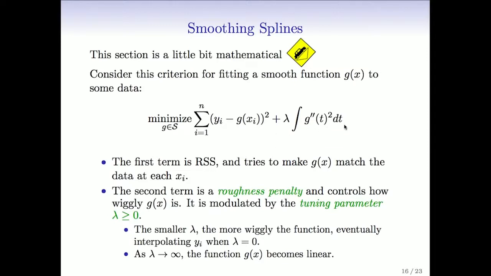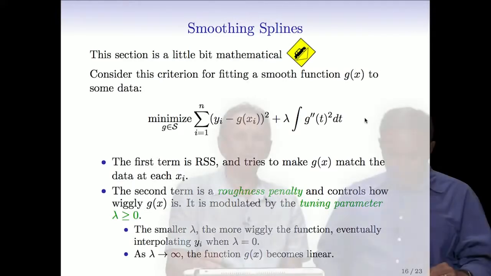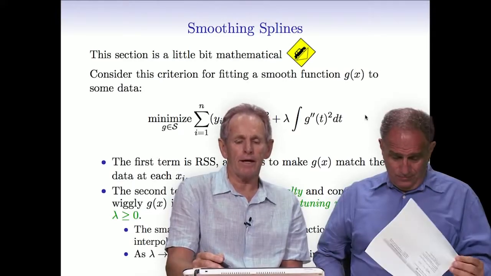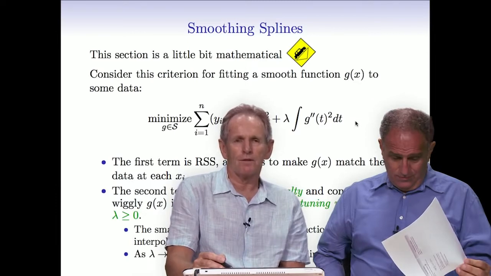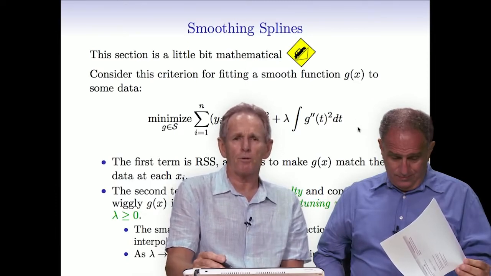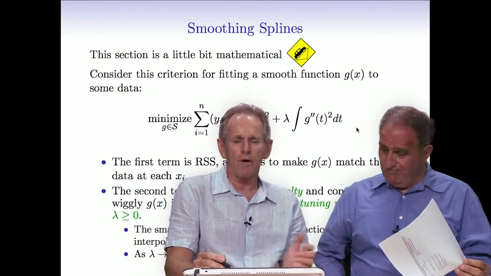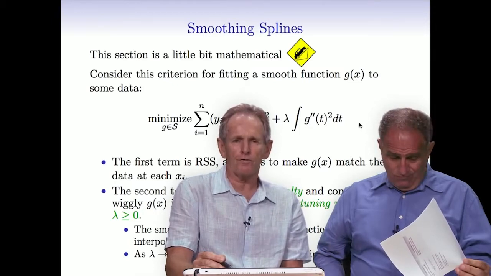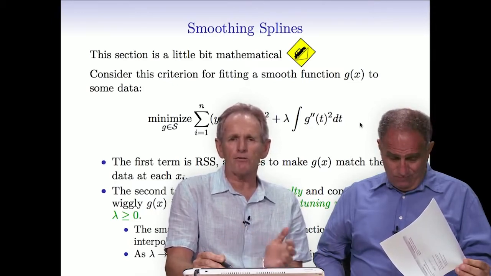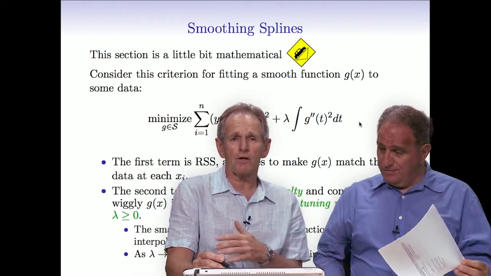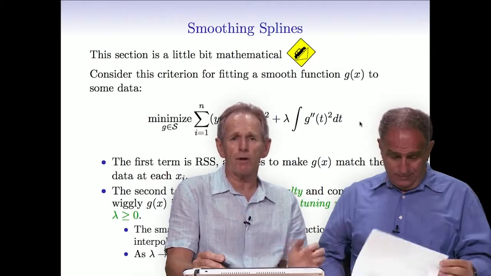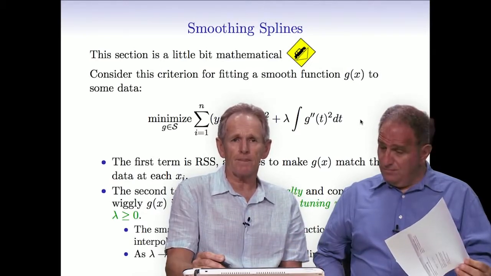So this would be a linear model. That's a really pretty way of setting up a smoothing problem, which gives us a whole range of values. As lambda goes from 0 to infinity, we get a range of solutions that go from a linear function to a very wiggly function that goes through the data.